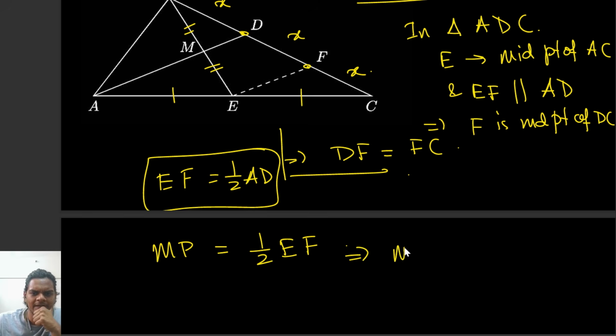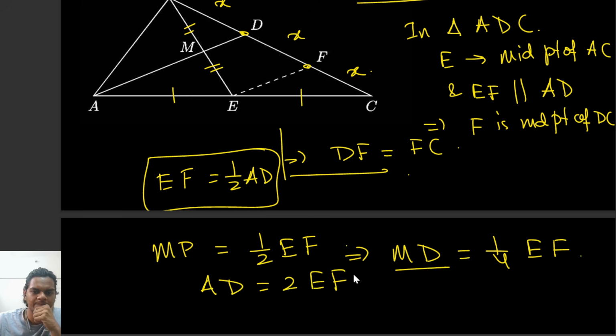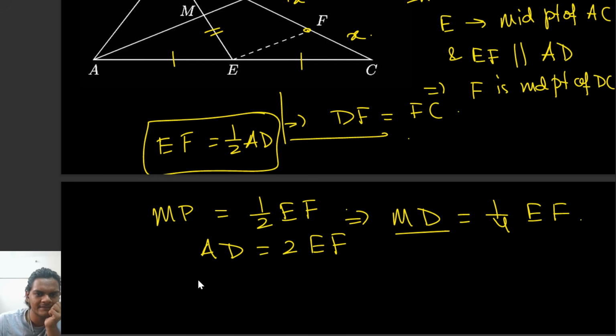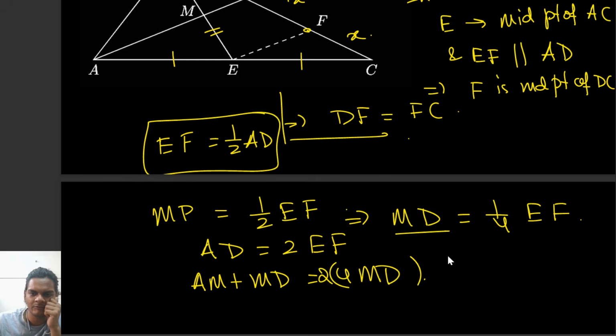We have MD is equal to 1/4 of EF. If MD is that, AD is equal to twice of EF. AD is AM plus MD and EF is 4MD. So I'll write EF is equal to 4MD, and I'm writing AD as 2 times 4MD.